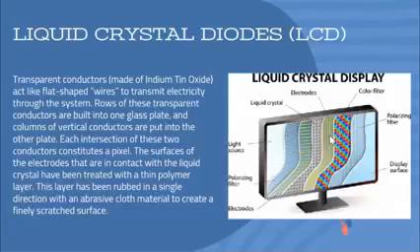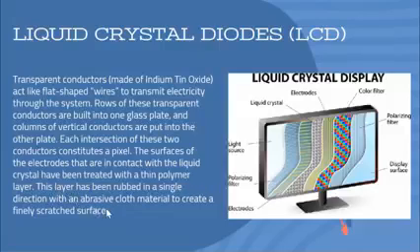The surfaces of the electrodes that are in contact with the liquid crystal have been treated with a thin polymer layer. So for each electrode, its surface, which is this one, and the back of the electrode, is treated with a thin polymer layer, which is attached to the liquid crystal.